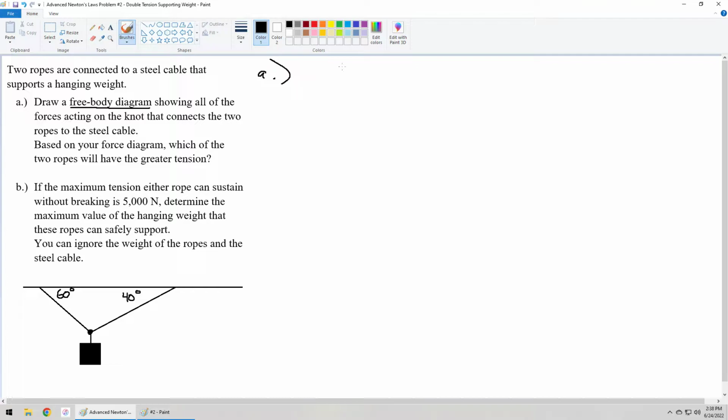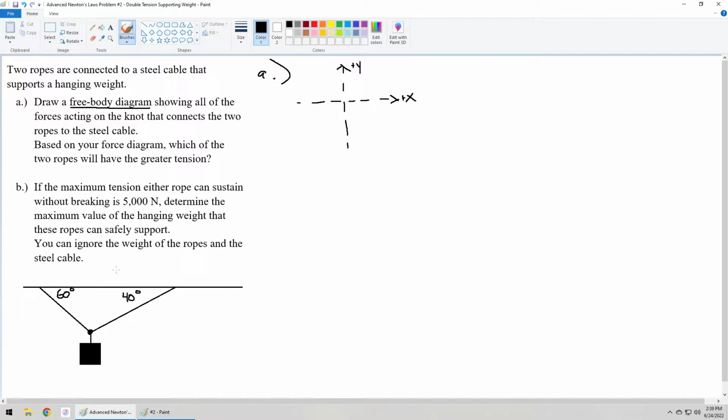With any free body diagram, I always tend to draw an XY coordinate system with plus X moving in the right direction and plus Y moving in the upwards direction. Let's think about the different forces that are acting on the knot.